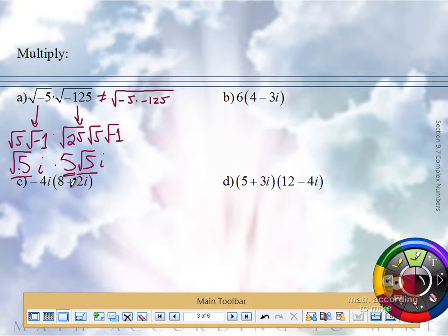Okay, so these three parts combined now make 25. What's i times i? What is i squared? So what is 25 times -1? -25.